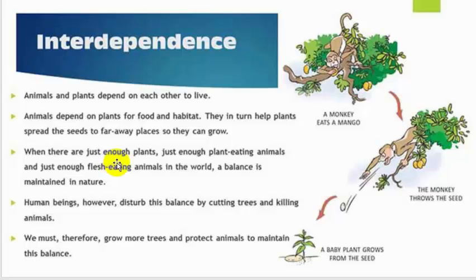When there are just enough plants, just enough plant-eating animals, and just enough flesh-eating animals in the world, a balance is maintained in nature. Human beings, however, disturb this balance by cutting trees and killing animals. We must therefore grow more trees to protect animals and maintain this balance.